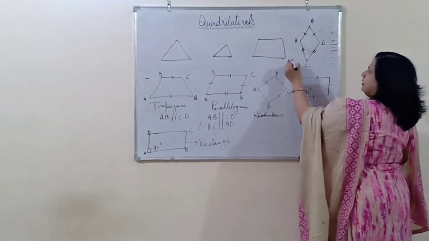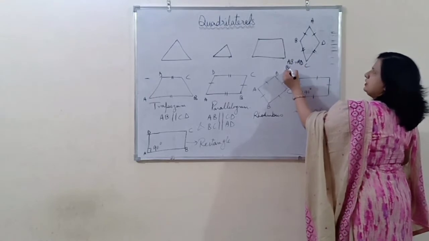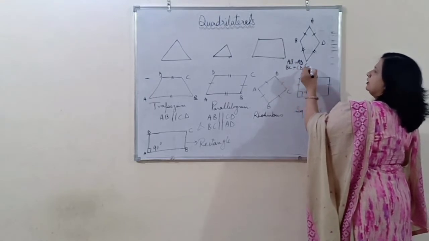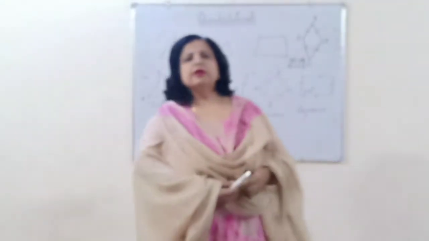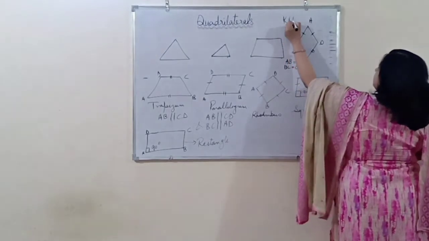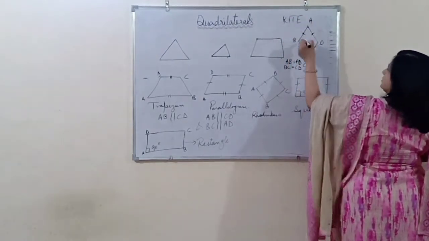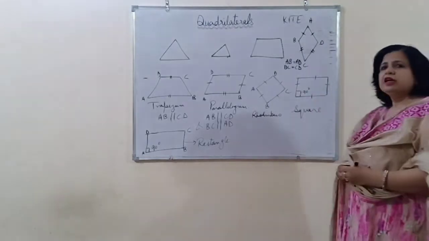So this quadrilateral is called a kite. In a kite, the adjacent sides are equal. These two sides are equal and these two sides are equal.